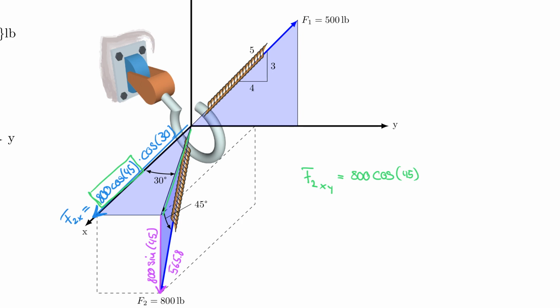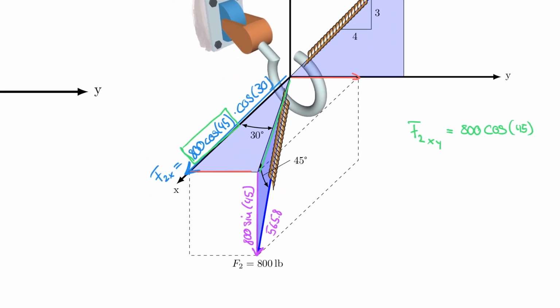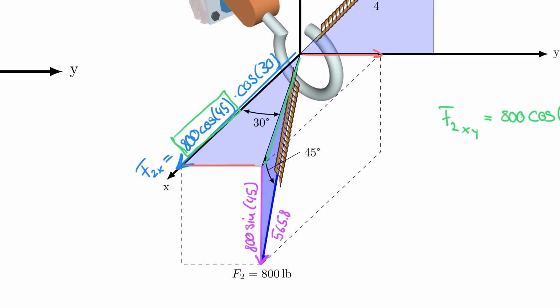And a similar method I can use to calculate my y component, which would be right here. However, I find it much easier to show it down here, which is also in the y direction, because now all I have to do is project the force, the green force, onto that red line.